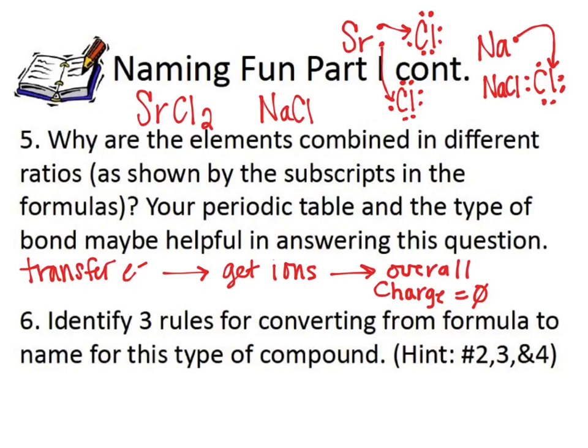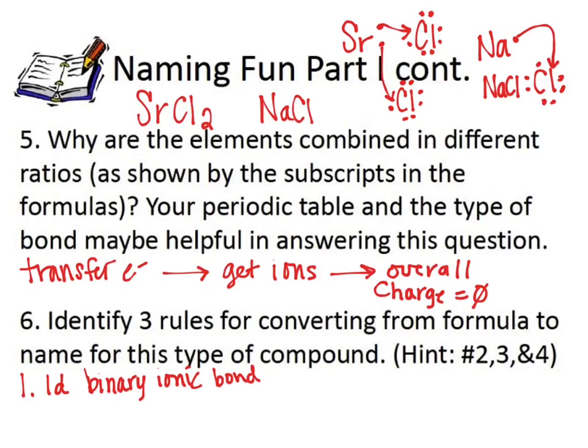All right, so 3 rules. What is the very first thing you need to do when you are naming these types of compounds? Put the metal first. But before we can do that, what do we need to know about the compound? We need to identify that it is a binary ionic bond.